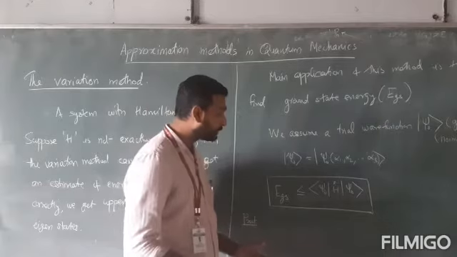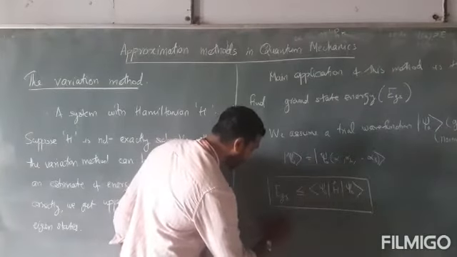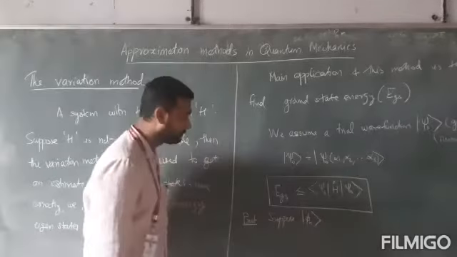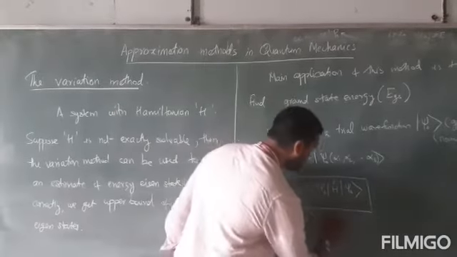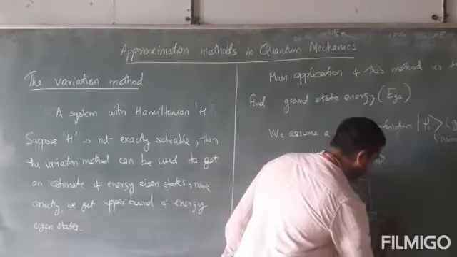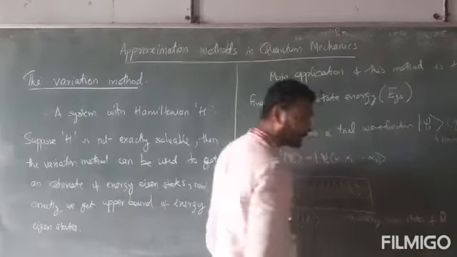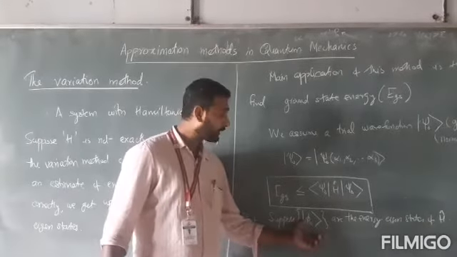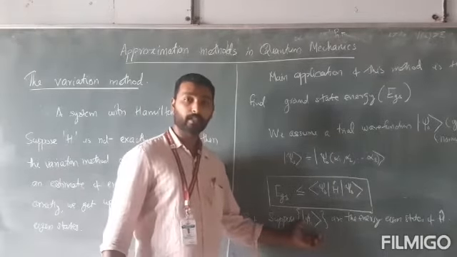Now it is possible to expand psi 0 in terms of energy eigenstates. Suppose the set |phi n> are the energy eigenstates of H. Then this set can be considered a complete set, so that you can expand any vector in terms of this complete set. That is from the completeness property.